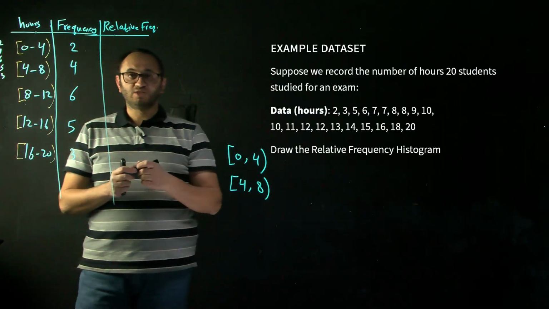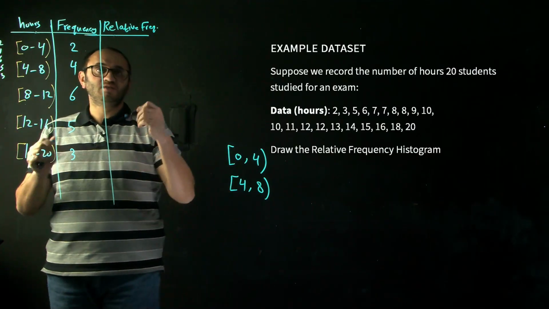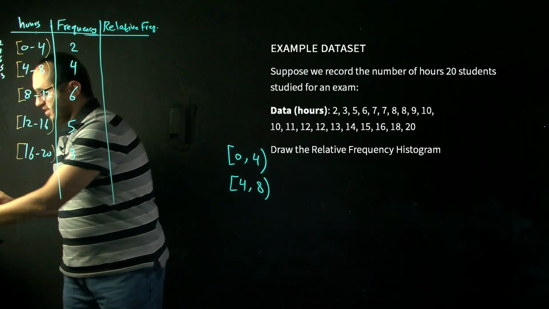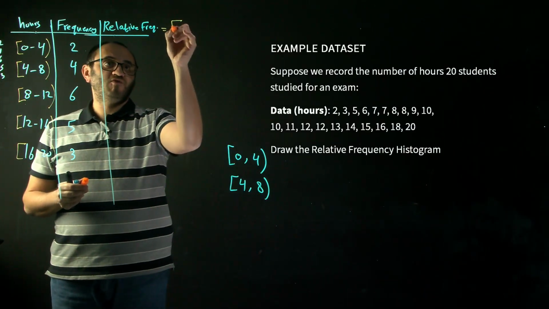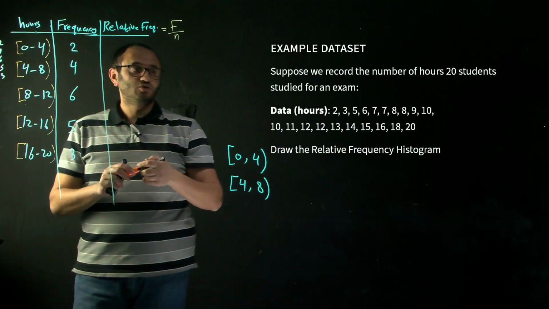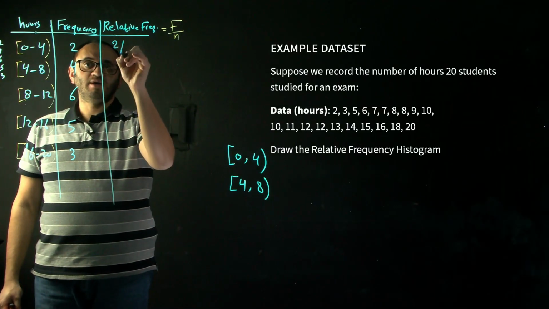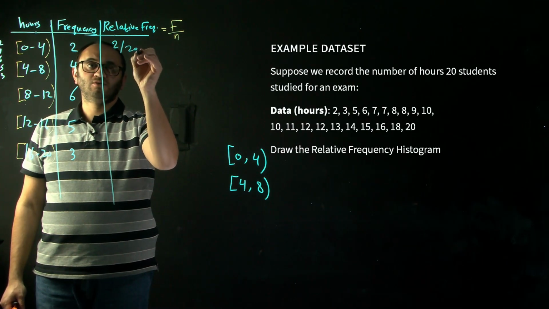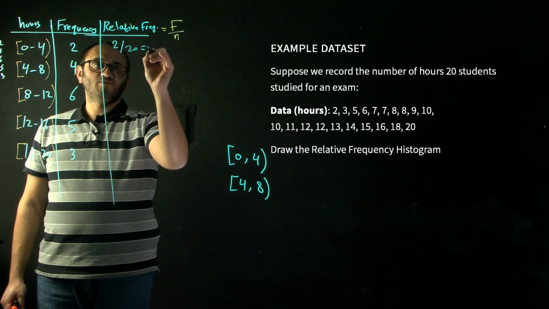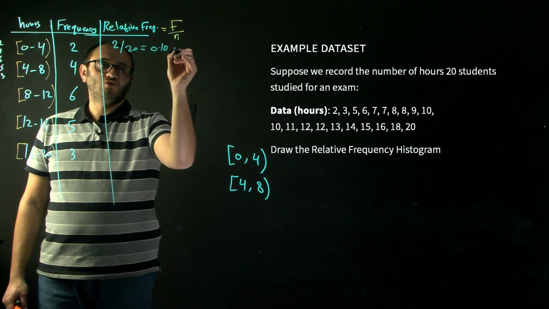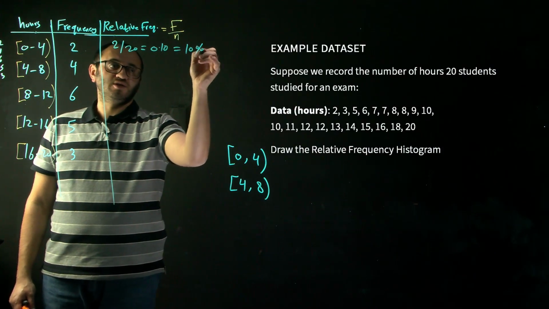Now, relative frequency equals the frequency divided by n, or f over n. So the frequency is 2, n is 20, so 10%. You may write 0.10, or 10%.